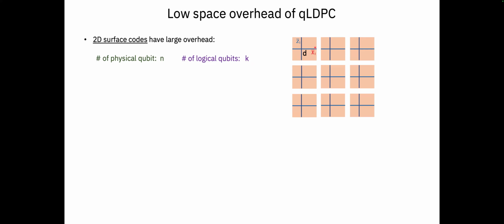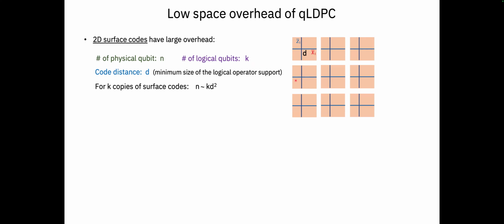Each patch hosts a pair of logical X and logical Z operators. Then we define the code distance d to be the minimal size of the logical operator support. Here it's just the linear dimension. By a simple geometric calculation, you know that n has to scale as k times d squared.